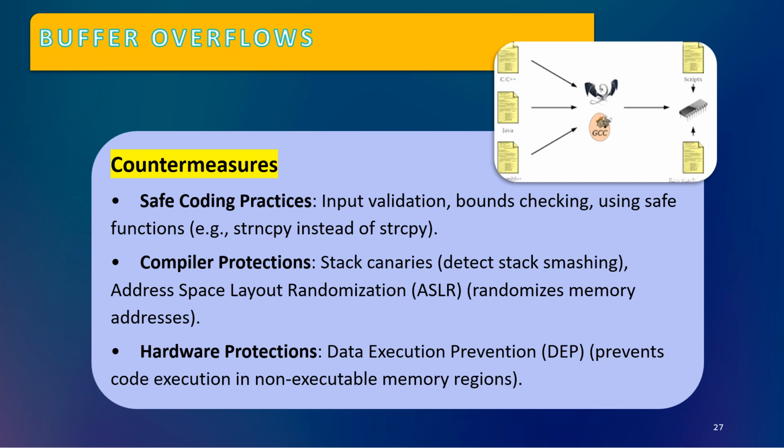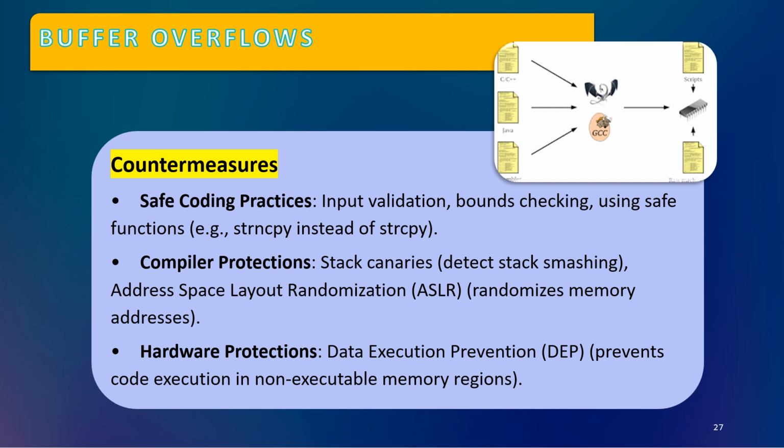Countermeasures. Several security measures help prevent buffer overflow attacks. Secure coding practices, such as input validation and bounds checking, ensure that buffers are not overfilled. Using safe functions like strncpy instead of strcpy can reduce the risk of overflows. Compiler-based protections such as stack canaries detect and prevent buffer overflow exploitation.